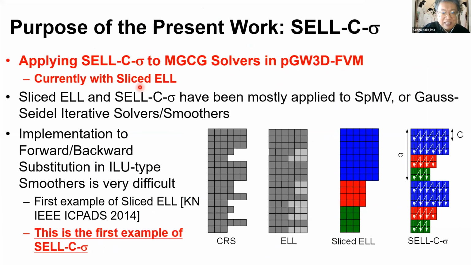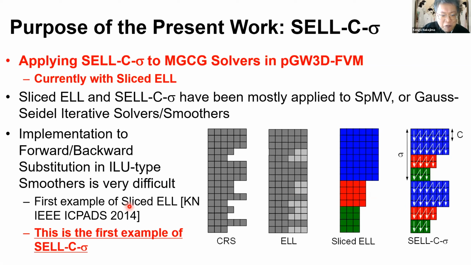Currently it is based on sliced ELL, which is more flexible than ELL, but we are switching to a more efficient method. Sliced ELL and SELL-C-sigma have mostly been applied to sparse matrix-vector multiplication or Gauss-Seidel iterative solvers or smoothers. Implementation of the forward and backward substitutions in an ILU-type smoother is very difficult in sliced ELL and SELL-C-sigma.